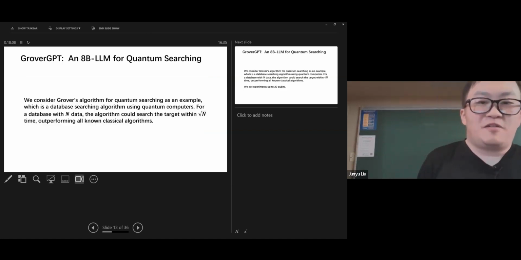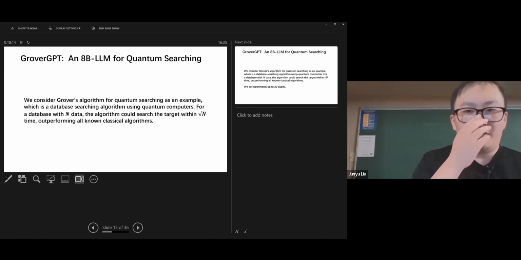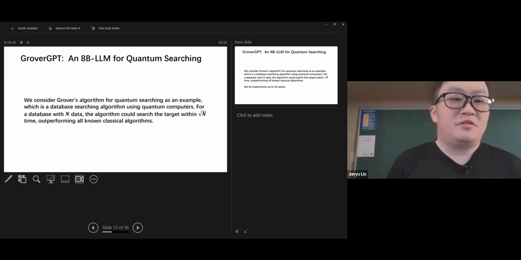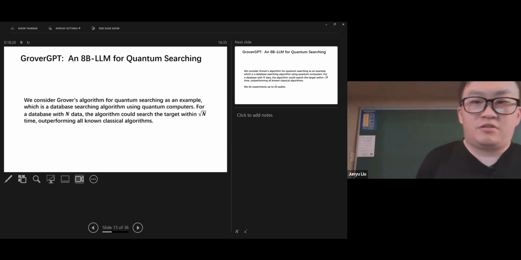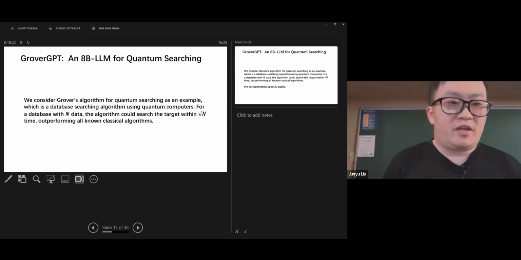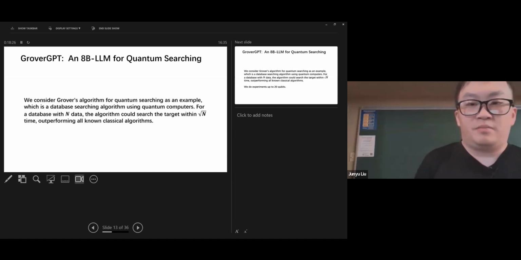Firstly, Grover's algorithm, I believe that many of you are already very familiar with it. It's a database searching algorithm using quantum computers. For a database with N data, the algorithm could search a target within the square root of N time, which outperforms all known classical algorithms.